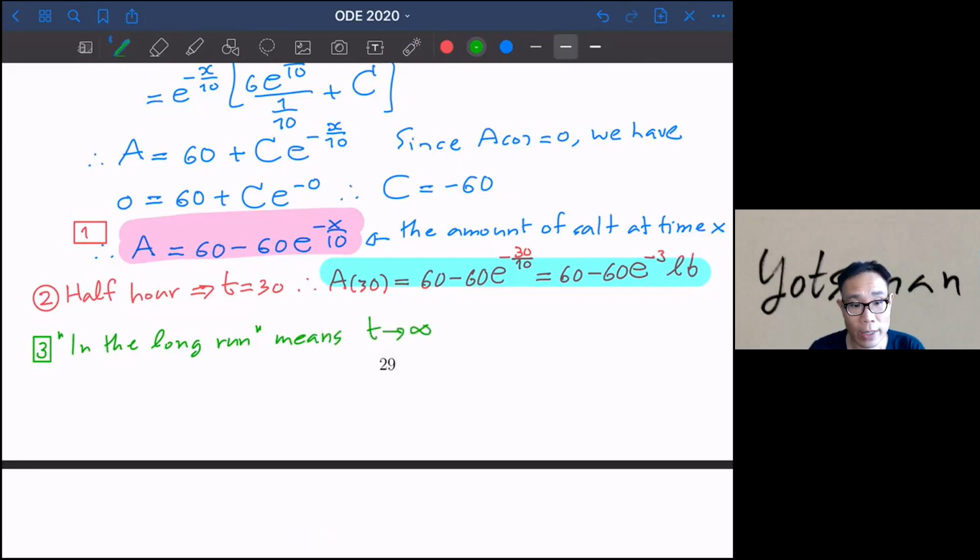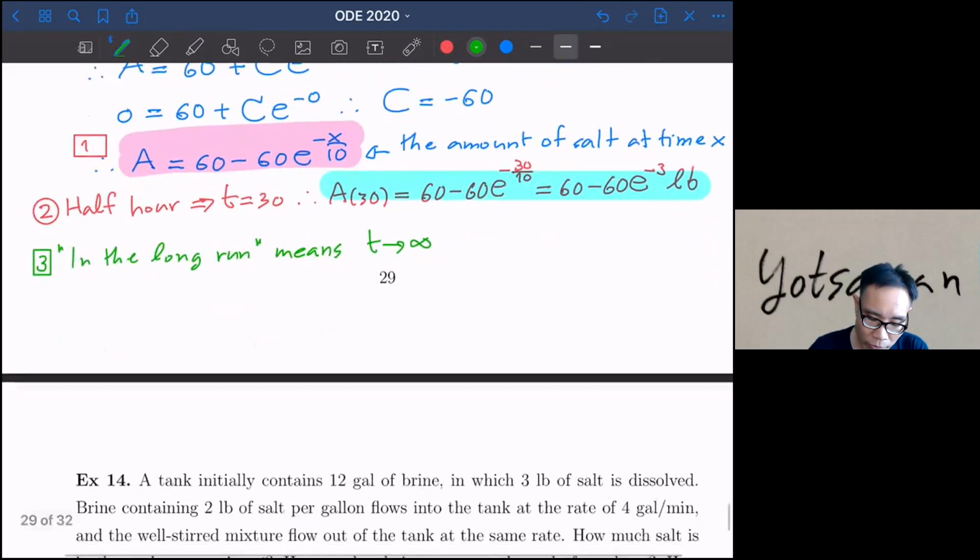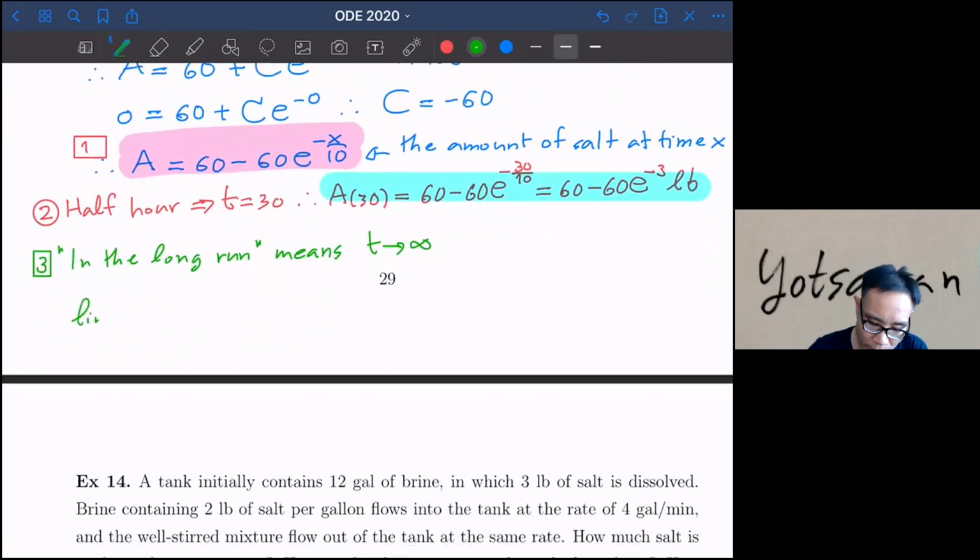When you have the long run, it means that you continue this experiment until t is very large, and the concept from calculus for t large is the concept of the limit. So you have the limit as t goes to infinity of A(t), sorry, we use time x.